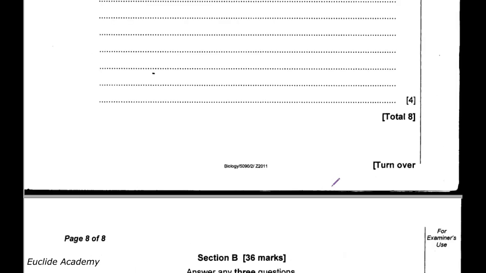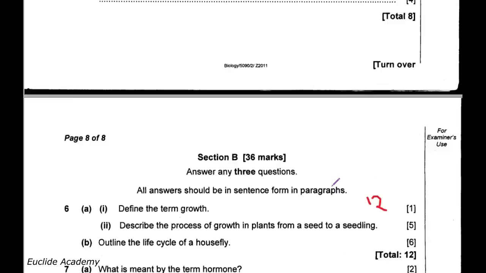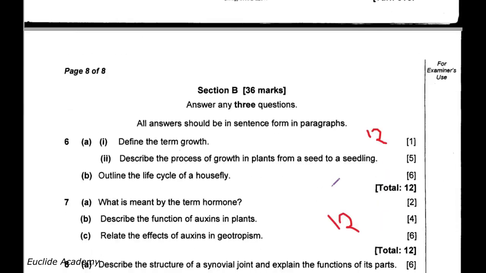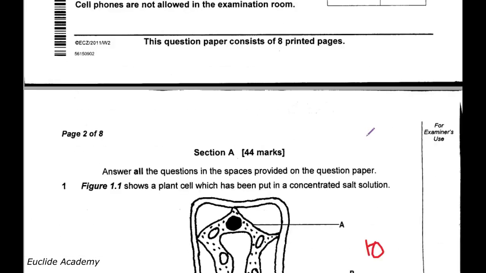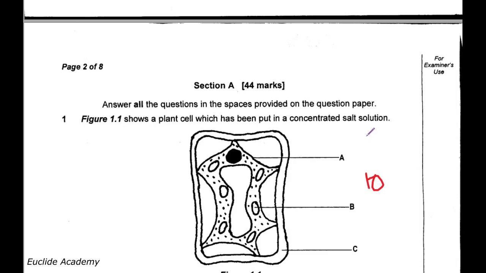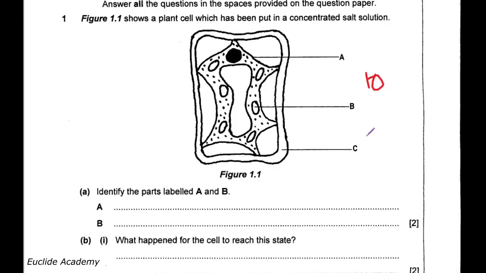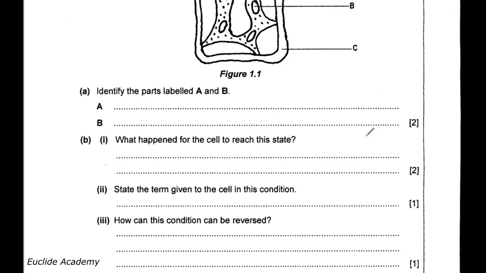And then the other one is: answer questions in increasing difficulty. What it means is answer the easiest questions first, and then the difficult questions last. Do not waste your time on a very difficult question, because most students will spend 15 to 20 minutes trying to answer a difficult question, when they could have answered 2 questions in those minutes, which would have guaranteed them more marks.